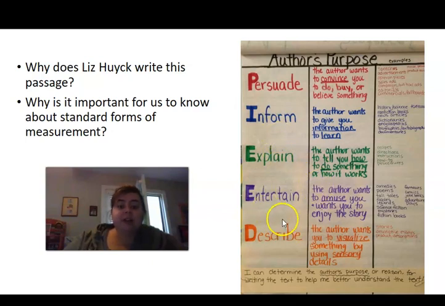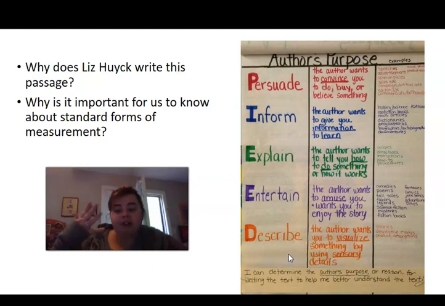The next choice is entertain. The author wants to amuse us, and they want us to enjoy the story. Well, I'm sure that Liz Hyuk would be happy if we enjoyed the story and found it entertaining, but I don't think that was her main goal, so I'm going to eliminate that choice as well. Then, describe. The author wants us to visualize something using sensory details.